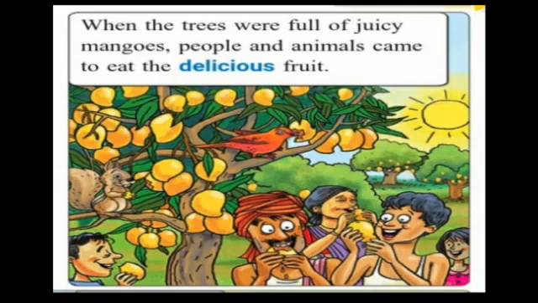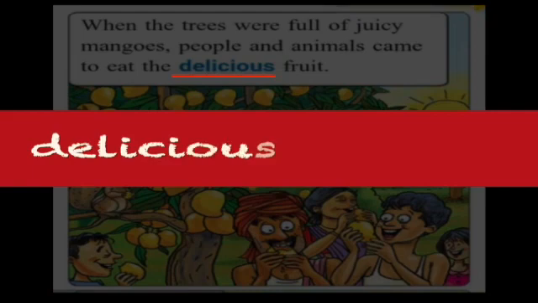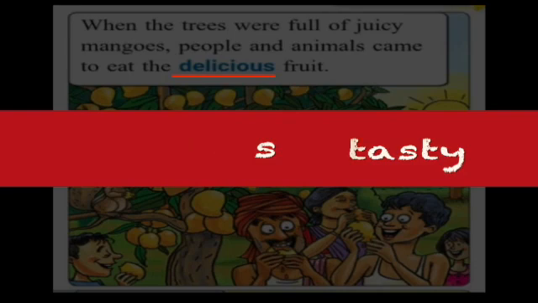Then underline the word delicious. D-E-L-I-C-I-O-U-S. And its meaning is already written in the yellow box as tasty. So, delicious means tasty.